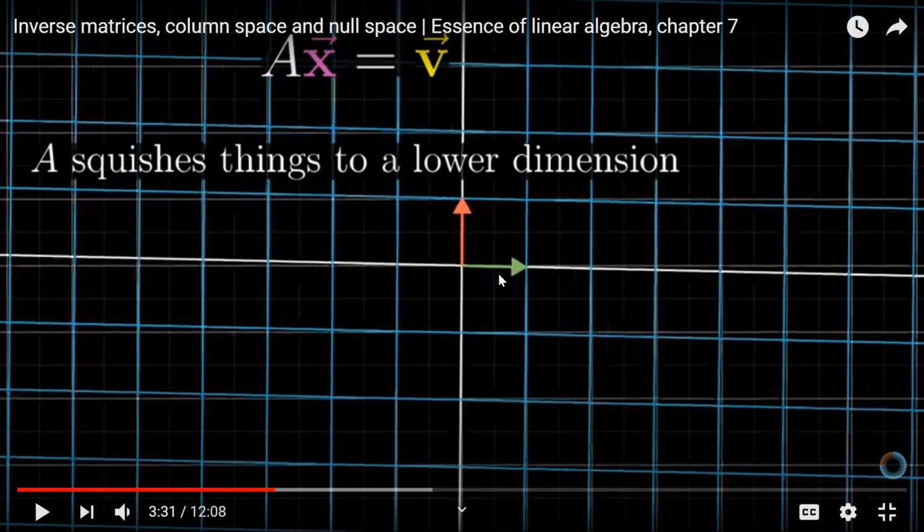Now, when we apply a linear transformation, what happens? We are trying to do something to the grid lines. But during this operation, if it is a linear transformation, the grid lines have to remain parallel to each other, and the origin will remain the origin. If it is a non-linear transformation, the origin will move and the grid lines will not remain parallel to each other.